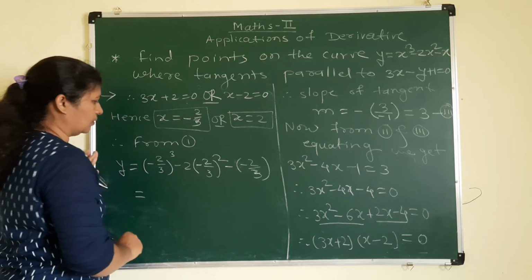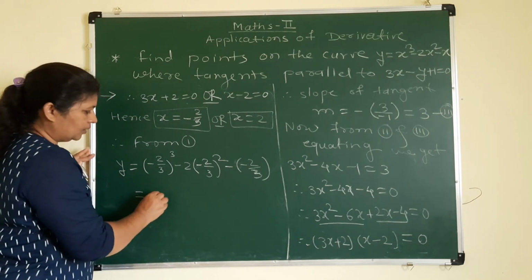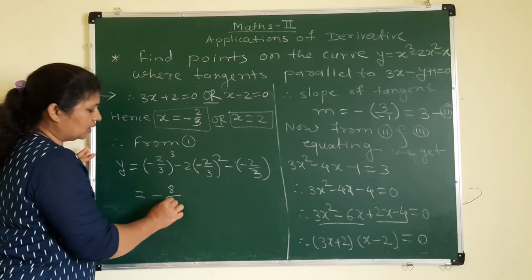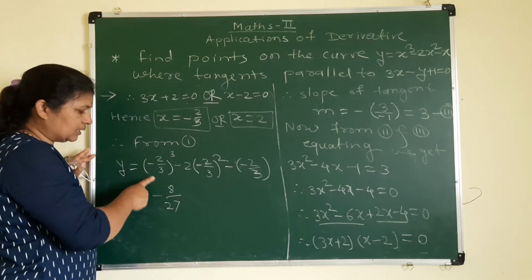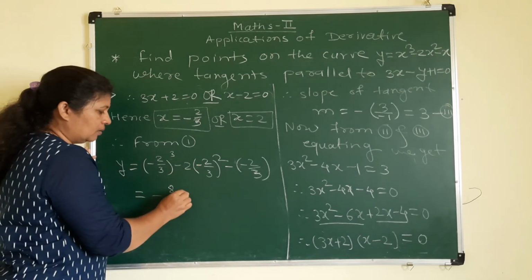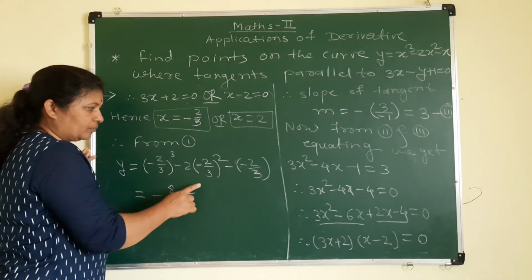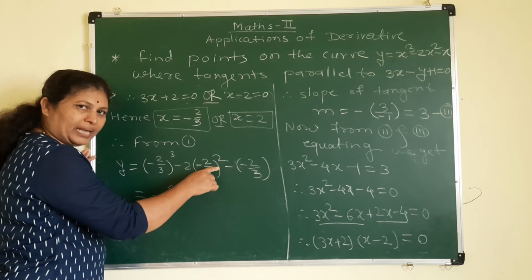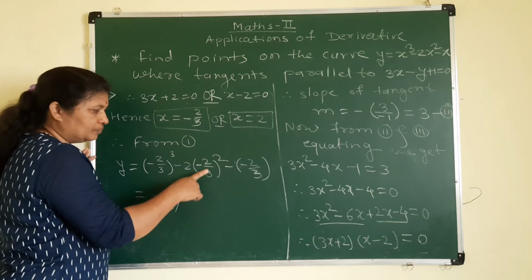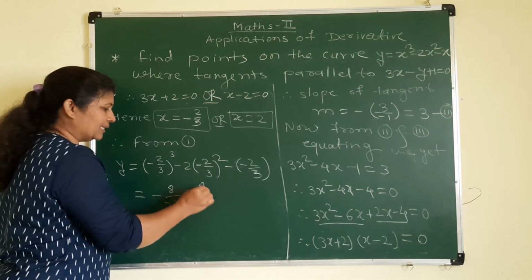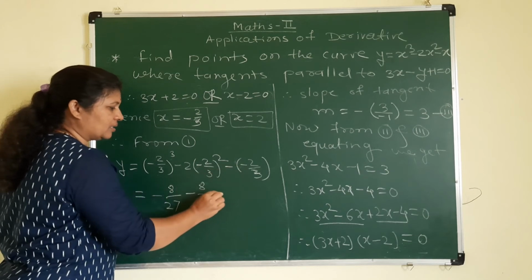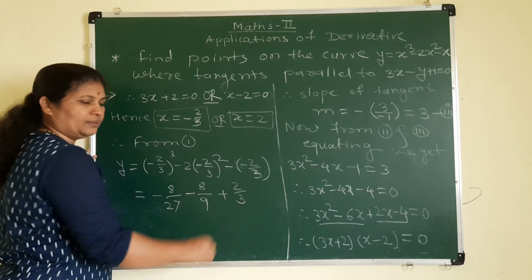Simplify this. This is equal to cube of this bracket is minus 2 cube 8 upon 3 cube 27. Minus sign will be as it is, cube is there, minus 2 into minus 2 by 3 bracket square, minus plus, it will be 4 by 9, and that 4 into 2, that is 8 by 9, minus minus, it will be plus 2 by 3.